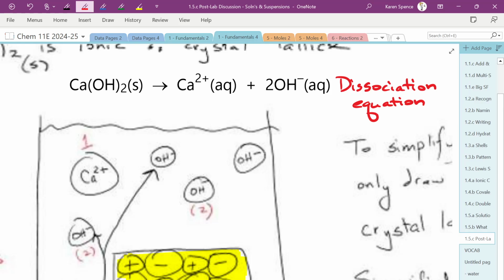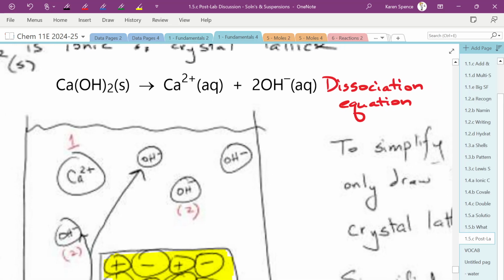What is the ratio between the calcium and the hydroxide? Yes. There's 2 hydroxides for every 1 calcium. You can also see it in the formula over here. There's 2 hydroxides for every 1 calcium.